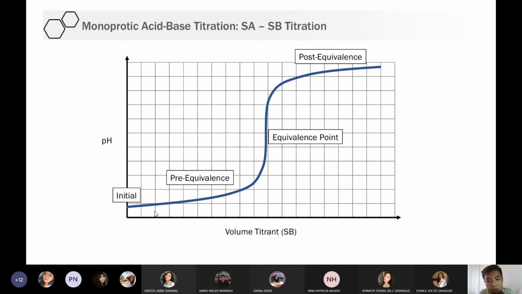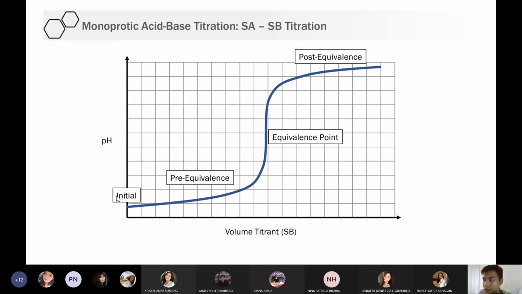Okay, so again, ito yung curve when you plot the pH against the volume of titrant added. So initially, mababa yung pH. However, when you add titrant, unti-unti aakyat yung pH until biglang maging pH equals 7. Equivalence point yon. Then after ng equivalence point, nagdagdag ka ng titrant, maging basic na yung pH. Okay, so ito yung itsura ng titration curve for strong acid, strong base titration.